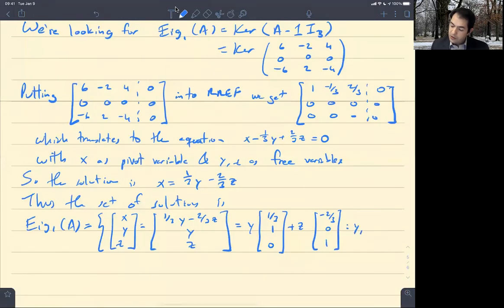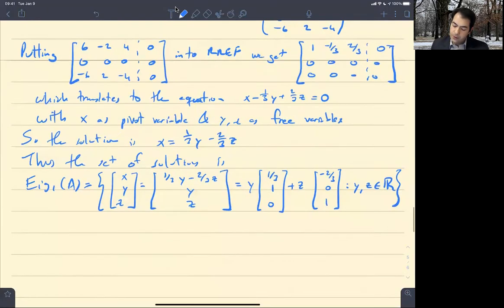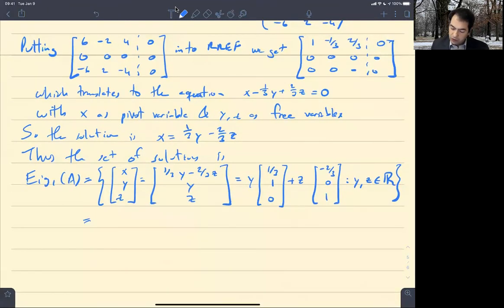And here y and z are arbitrary real numbers. Right? And I can write this just by looking at it. We see that this is the span of the vectors 1/3, 1, 0, and minus 2/3, 0, 1.